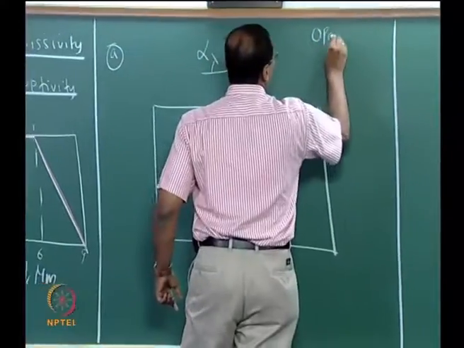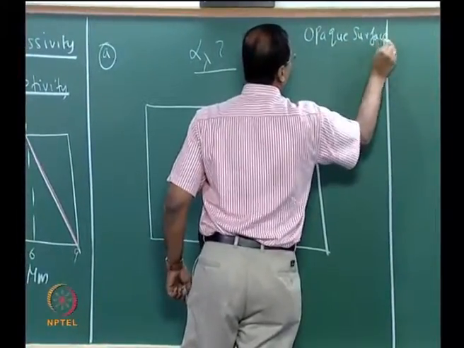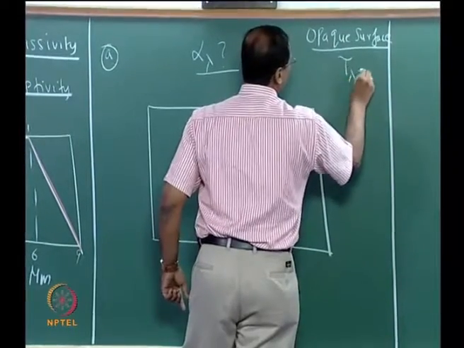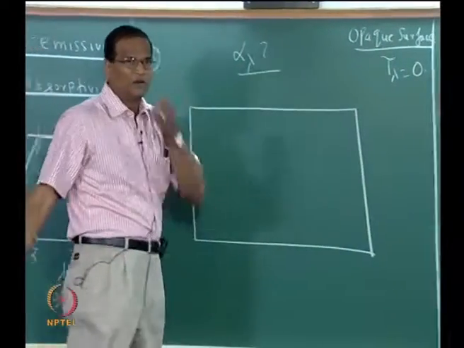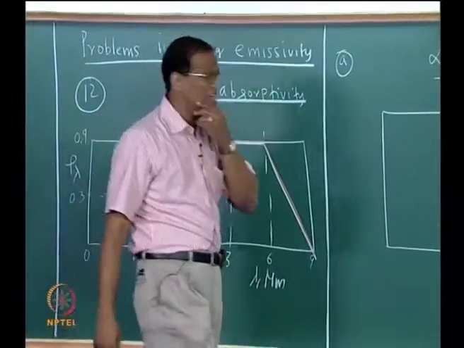So, the solution is like this: opaque surface, tau lambda, there is no transmissivity, nothing comes out of the surface.